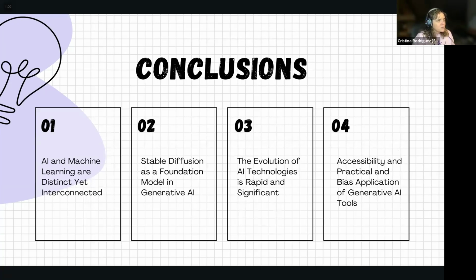They are just subfields and part of this huge discipline that is called AI. Stable diffusion is the foundation model of generative AI, and the cool thing about it is that it's open source and you can download the whole foundation model to fine tune it and work it as you want.